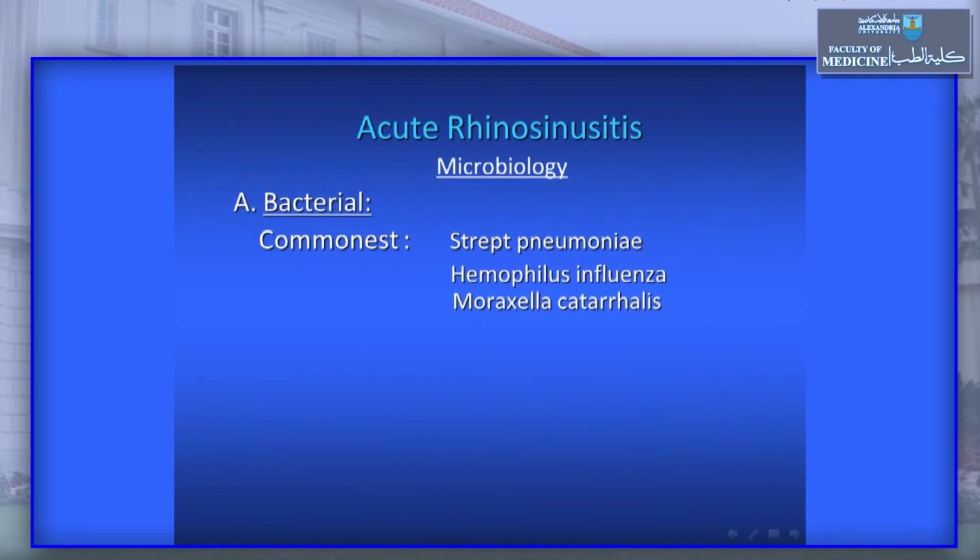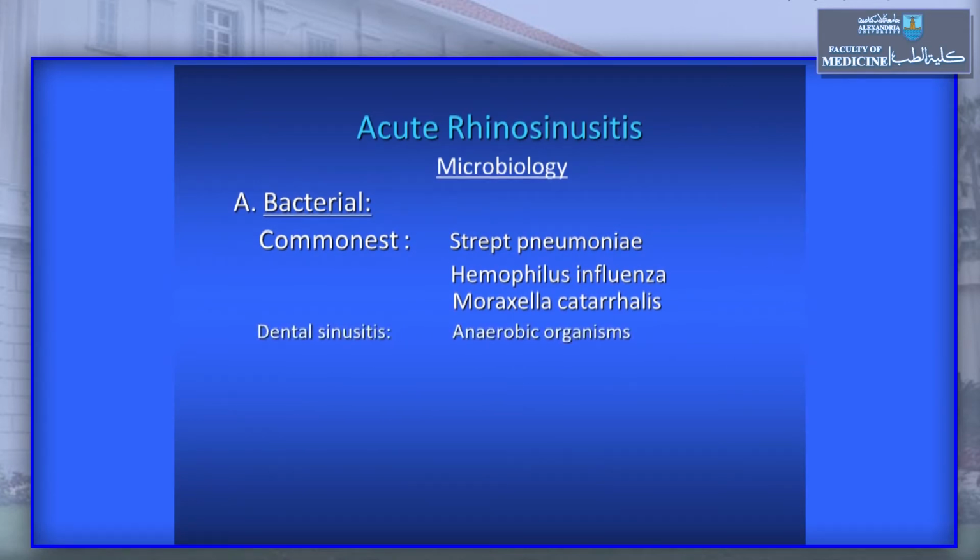What about the microbiology of acute rhinosinusitis? The commonest is bacterial, and in the commonest group of pathogens that cause acute rhinosinusitis, we can find that Strep pneumoniae, Haemophilus influenzae, and Moraxella catarrhalis are the commonest pathogens.